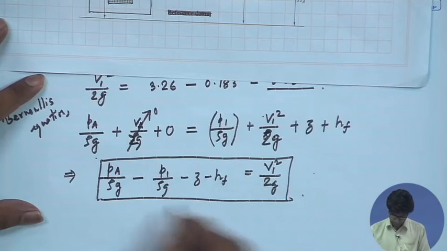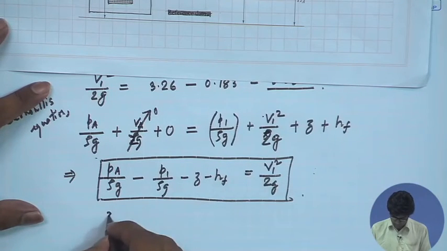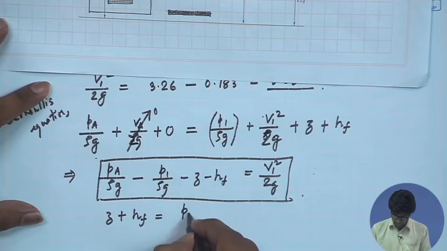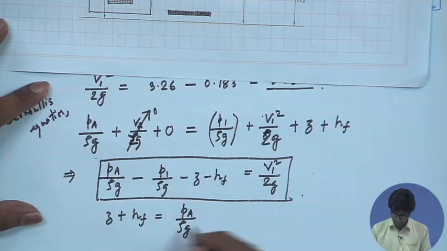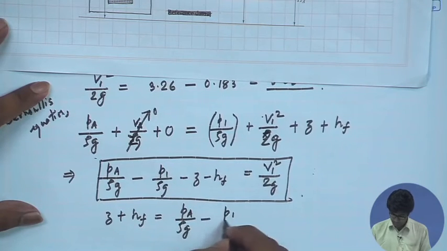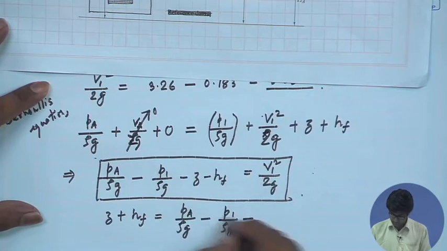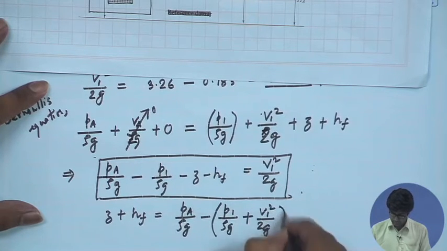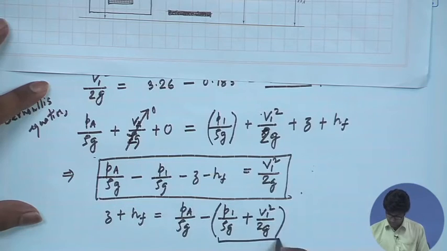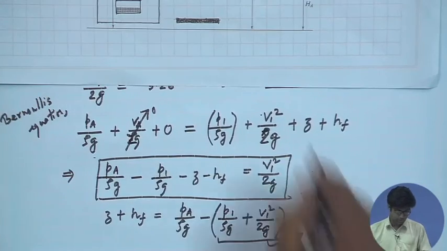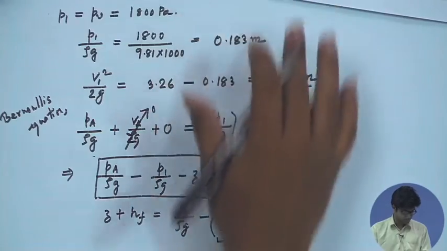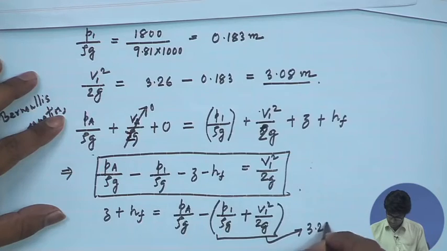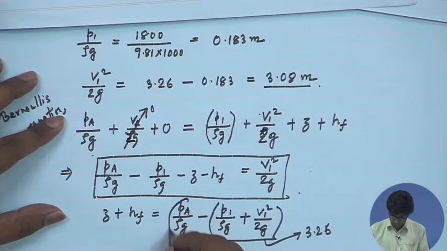Also, from here we can write z plus H_f is equal to P_A by rho g minus P1 by rho g minus V1 square by 2g. So, this we know as 3.26, which was given in the problem, and this is also given in the problem.